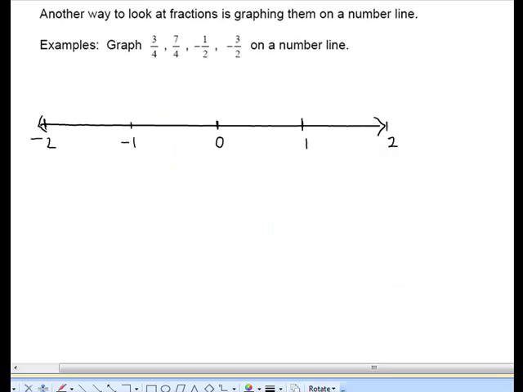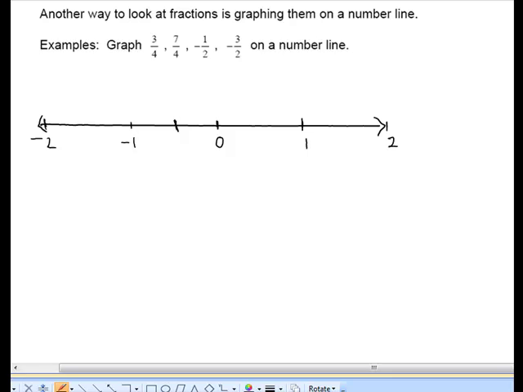Next, let's do -1/2 and -3/2. So we're going to go on the side below 0. First, for -1/2, without the sign, 1/2 would be proper. So it is going to be between 0 and -1. So we'll just cut it. So this time we're only cutting into 2 sections because the denominator is a 2.